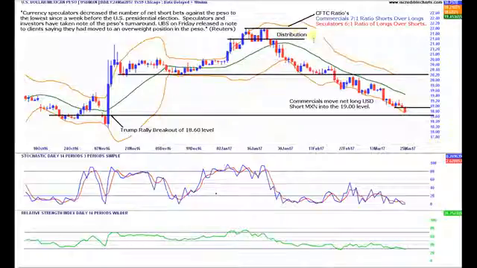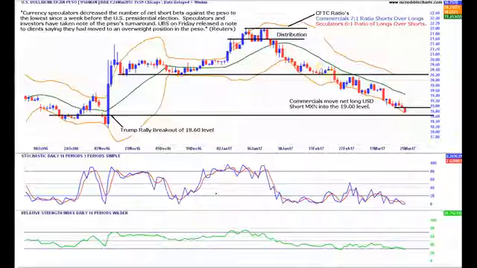Now, when we had the period of distribution, the commercials were 7-to-1 in terms of their ratio of shorts over longs. Speculators, sorry, I said it wrong, held the opposite view. They thought the USD was going up, holding 6 times as many longs over shorts. Of course, it breaks lower.